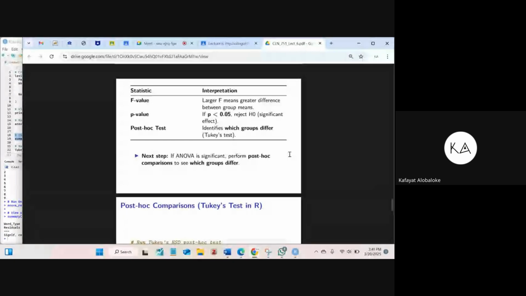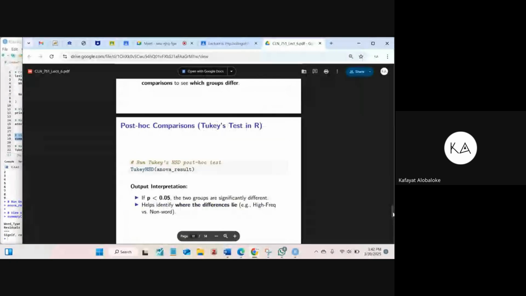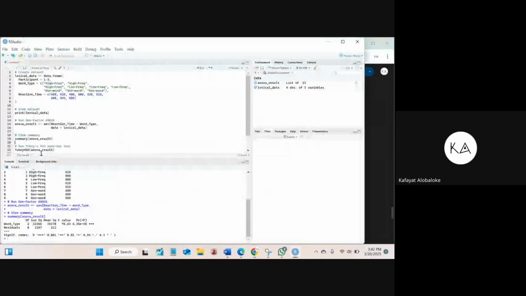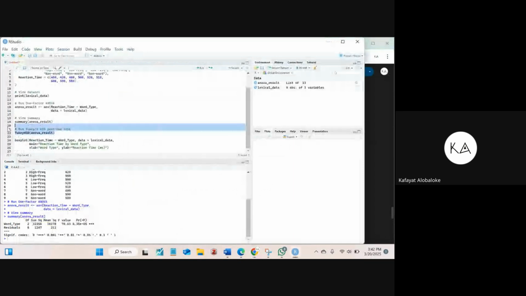That's why a post hoc test will help us to determine which groups have significant differences and compare the results to see where the differences lie. A common post hoc test used in analysis of variance is the Tukey HSD. To run a Tukey HSD in R, that's where the TukeyHSD function comes in. So let's run this and see what we have in our R.